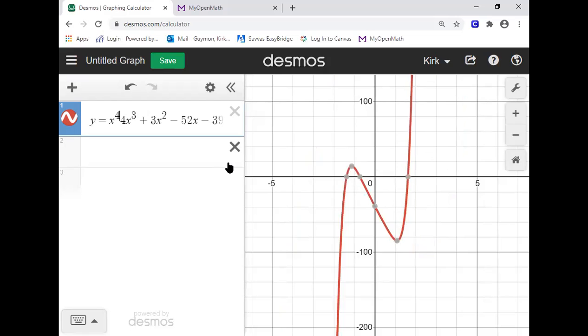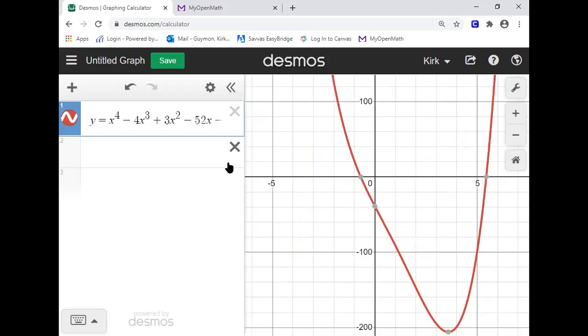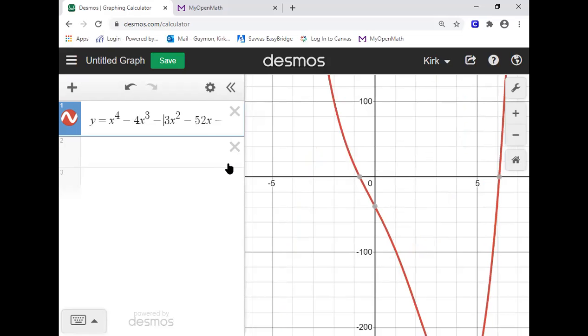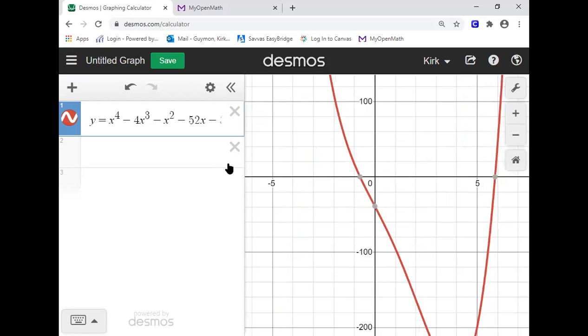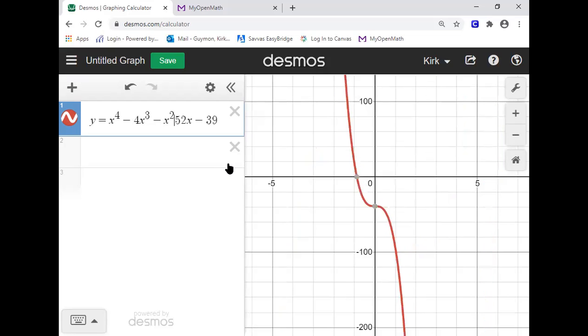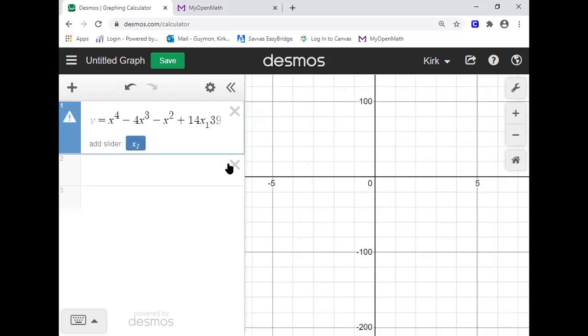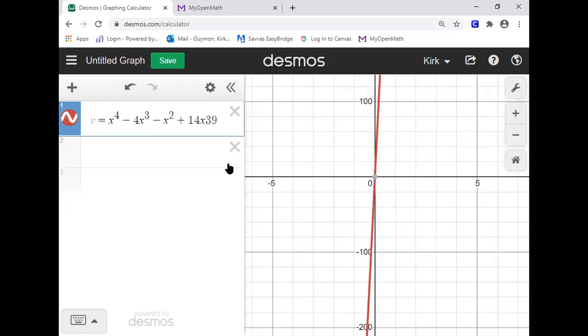X to the fourth minus 4x cubed minus x squared plus 14x plus 10.